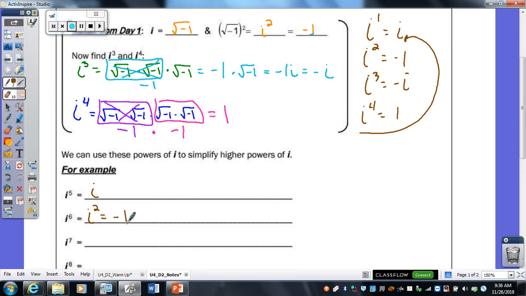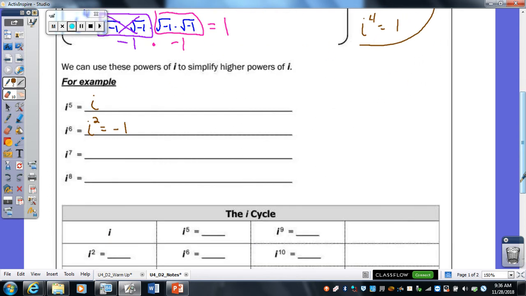I to the seventh is the same as I to the third, so that would just be -I. And then I to the eighth is the same as I to the fourth, which would just be a 1. So as I said, it just keeps going all straight through this pattern.